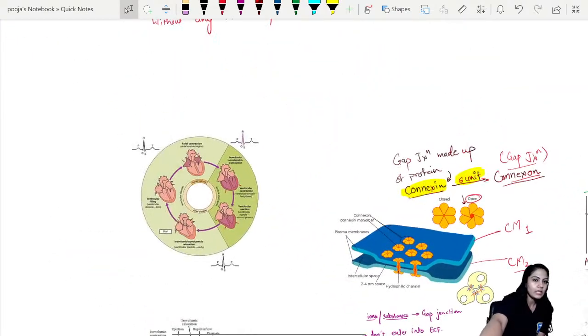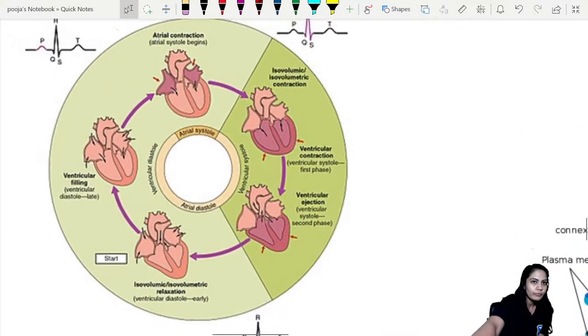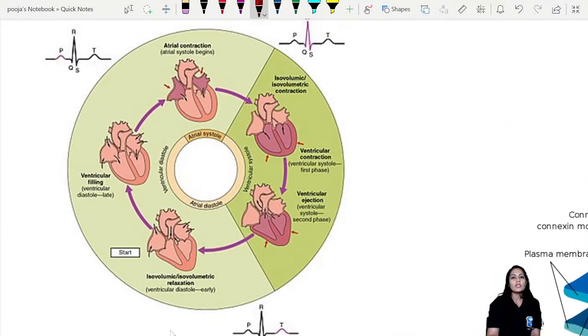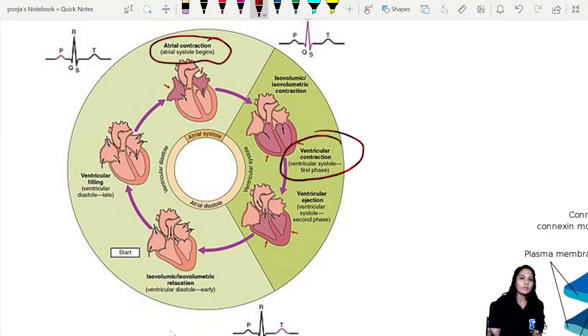If you see in the books, this type of diagram will be given to you. I want you to notice where it is written atrial contraction and ventricular contraction. You can see that the atria and ventricles are contracting at different times.